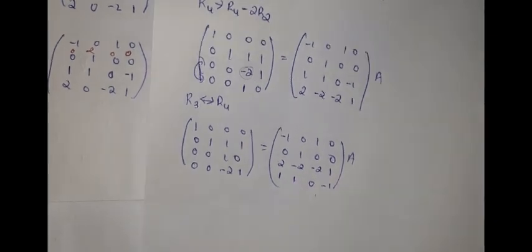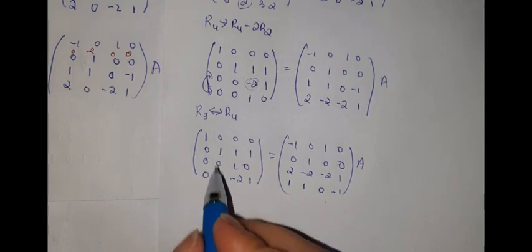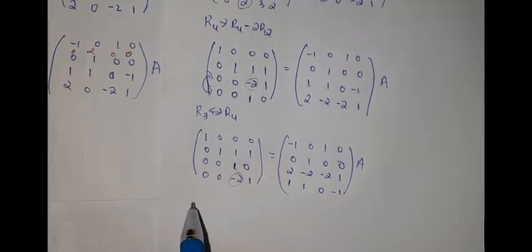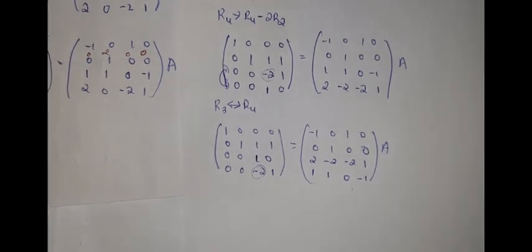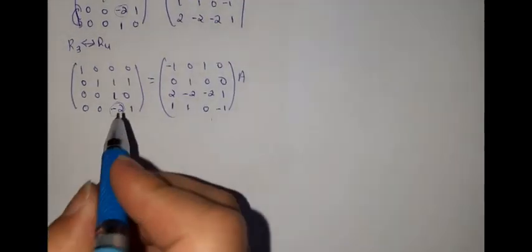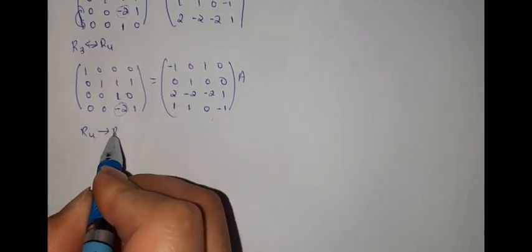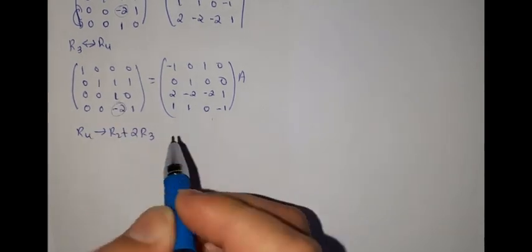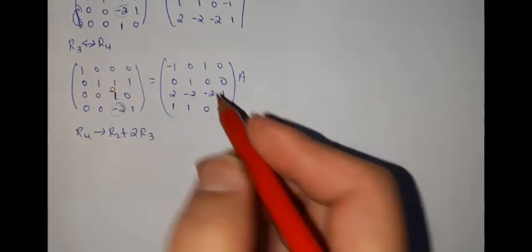Okay, so what we have to do now is make this part 0. So for that, let's do r4 plus 2 r3. Again you multiply this one with 2, the others will be 0.